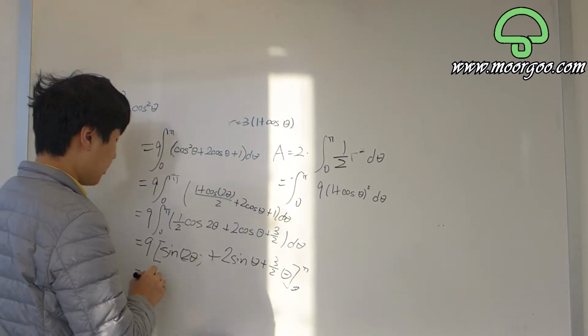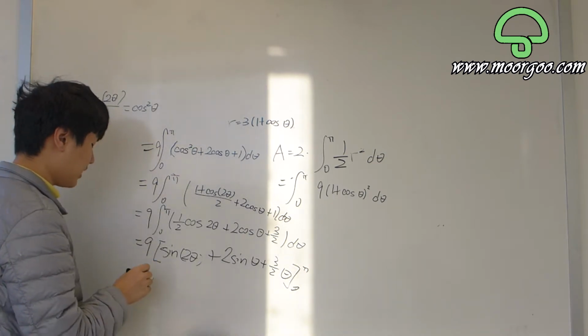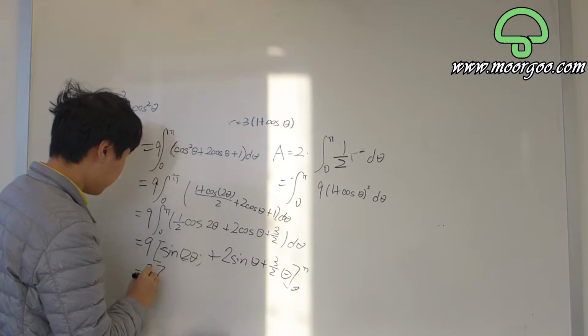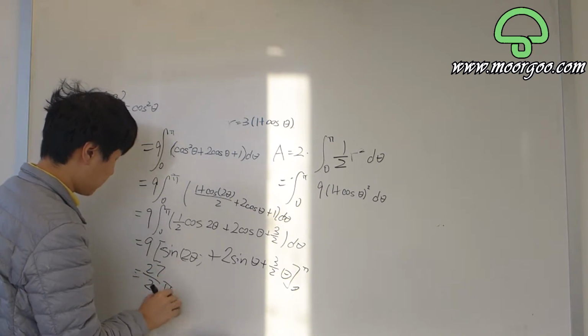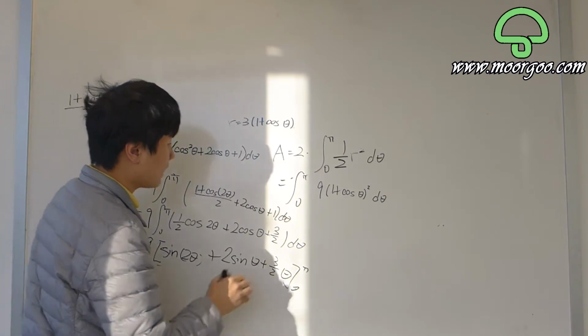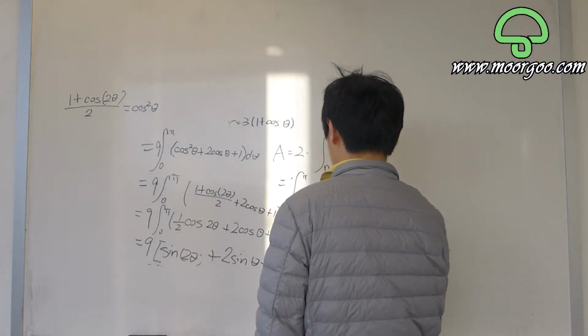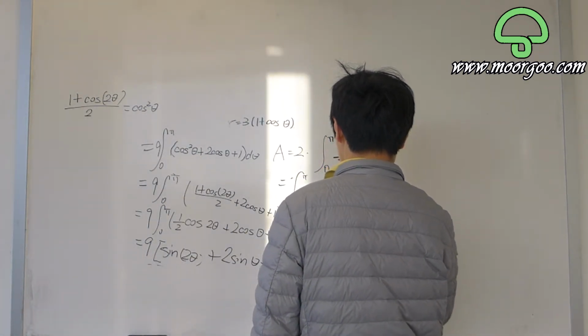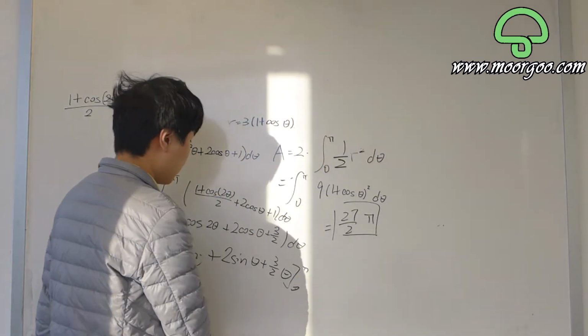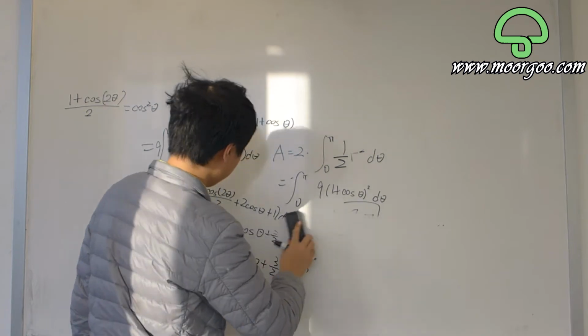Okay, you can do this calculation on your own, and I will give out the answer. Write it in. So this gives 7 pi over 2.